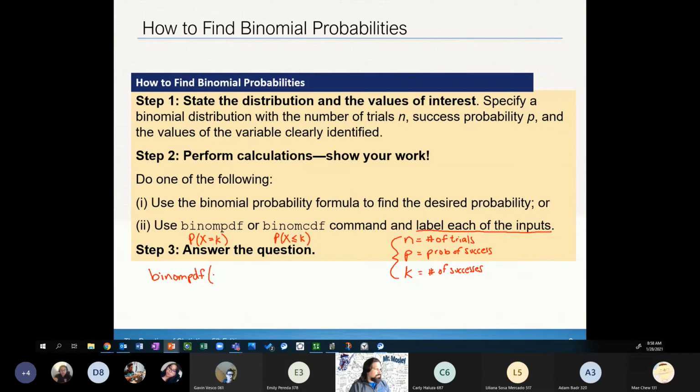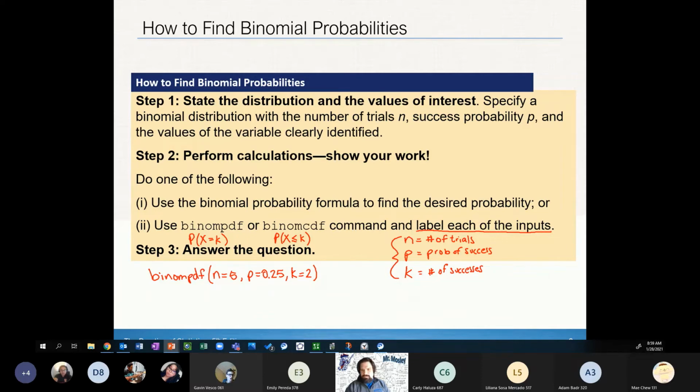So we have n equaling, for our example here, 5, p equals 0.25, and k equals 2. You need to show it in this way so that it demonstrates that you understand the parameters that must be used and what they're representing. It's not enough just to say I used binom PDF. You need to label the inputs.